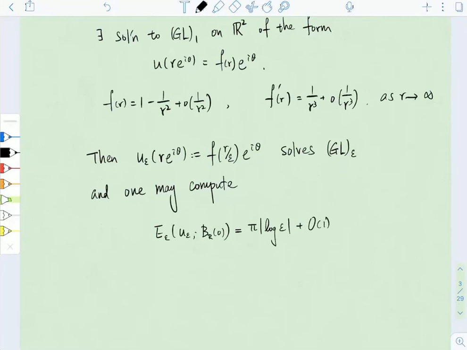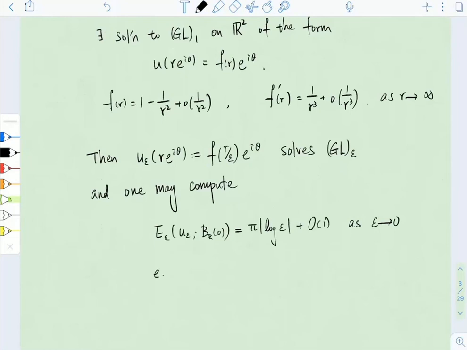So it depends on r, but for fixed r, as epsilon tends to 0, it stays bounded. And furthermore, if you do this on disks not containing the origin, then the energy stays bounded. And so when you divide by log epsilon, it tends to 0 as epsilon goes to 0.